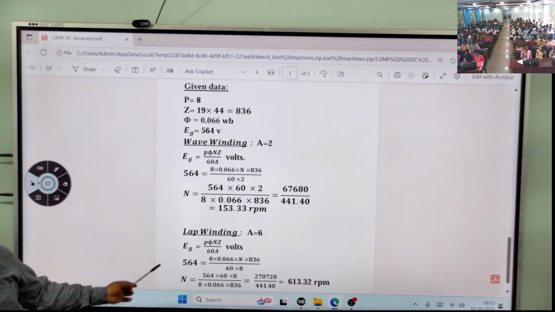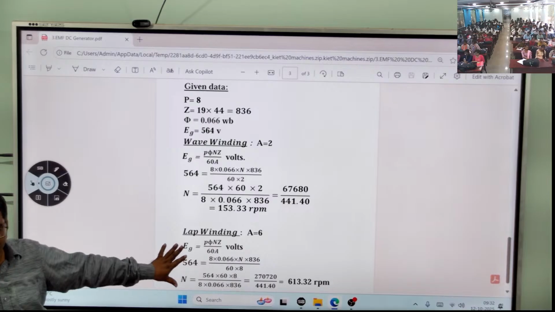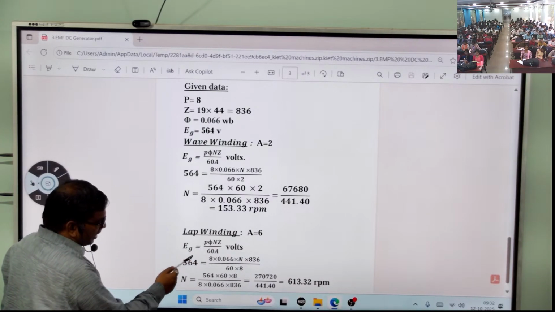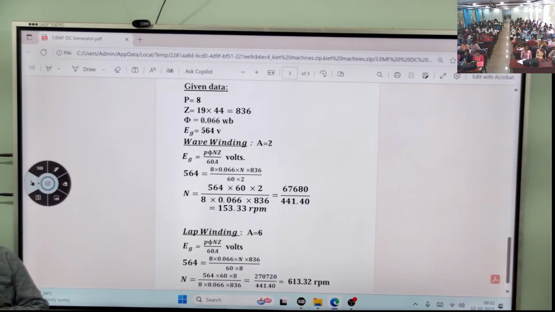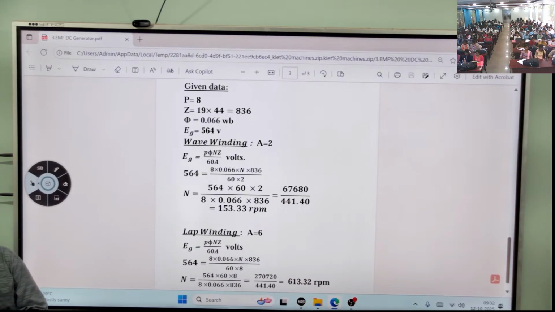N is found by only substitution in the formula, Eg is equal to pi Z N P by 60 A. Eg is already given, and N you have to determine.